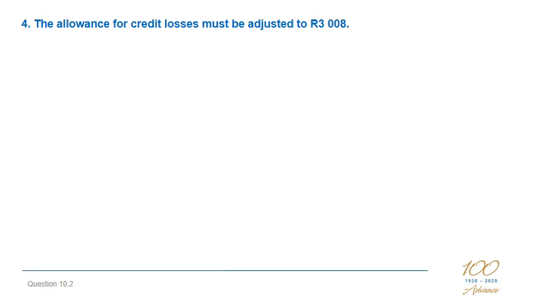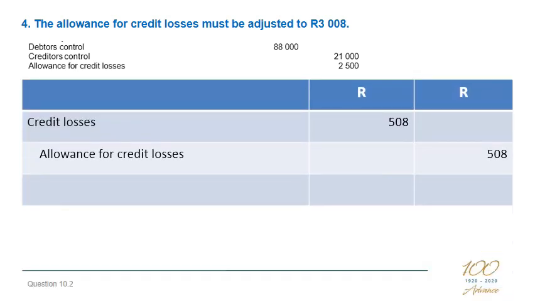In number 4, the allowance for credit losses must be adjusted to 3,008. So we first have a look at what we have for the allowance. We only have it as 2,500. So we will need to increase the allowance on the credit side with 508, which is the difference between the 3,008 that we want and the 2,500 that we already have accounted for.